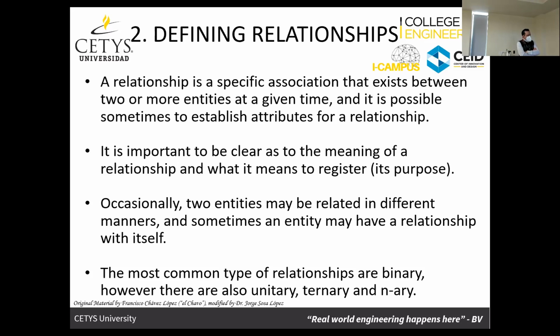There might be two or more entities that are related amongst each other in different ways. And we're going to define something eventually that's called the cardinality of entities.